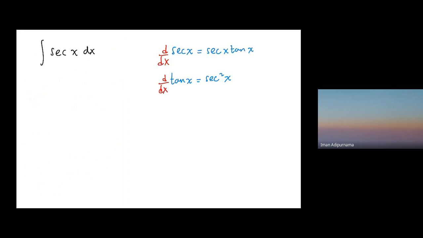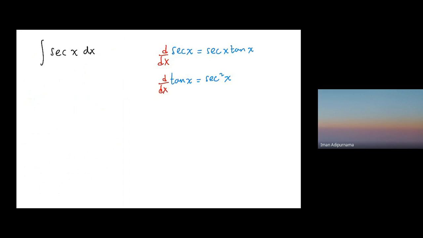So from these relations, if we have secant x tangent x, we can integrate it and get secant x. And if we have secant squared, we can integrate directly and get tangent. So the idea here is how to include tangent or secant into our element here.